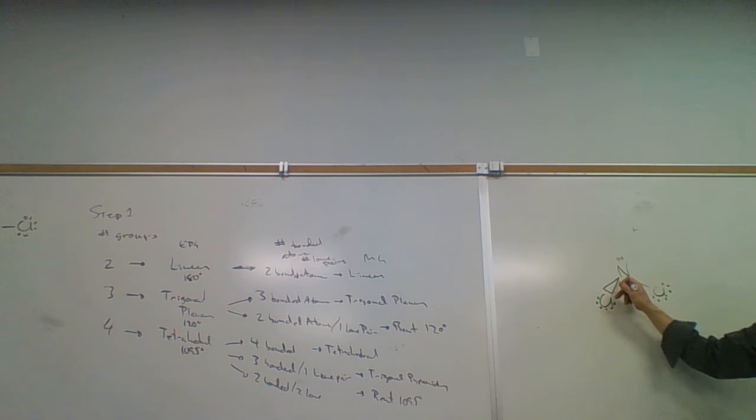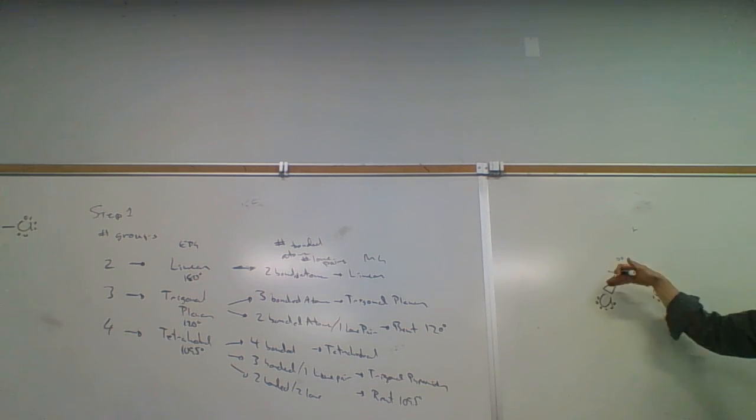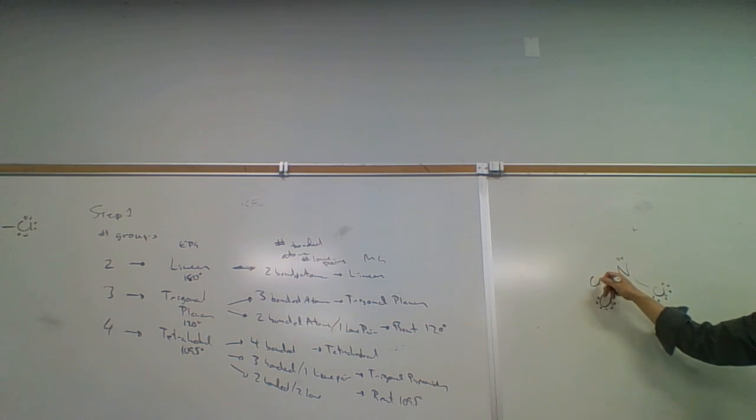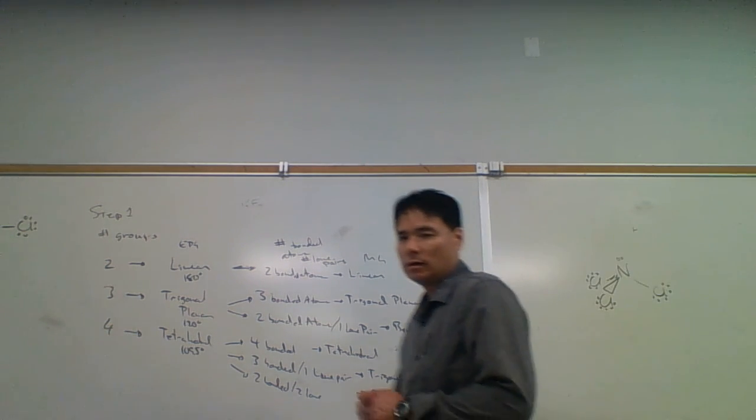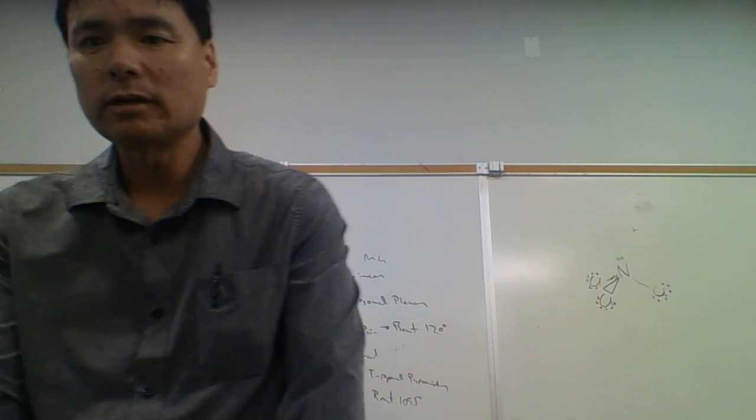And then I'll draw the dash, because the dash actually goes behind the wedge over here. So I have it like that. So that would be the trigonal pyramidal. We'll take a break now and then start up again.